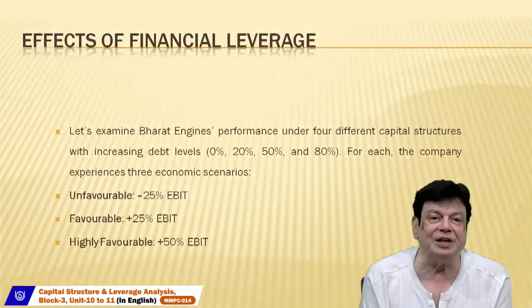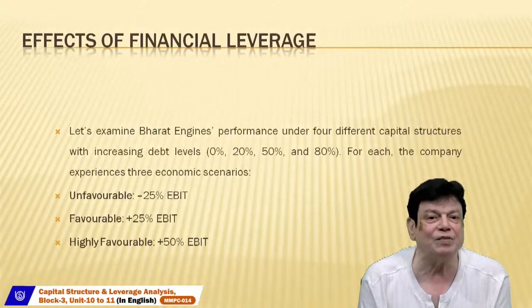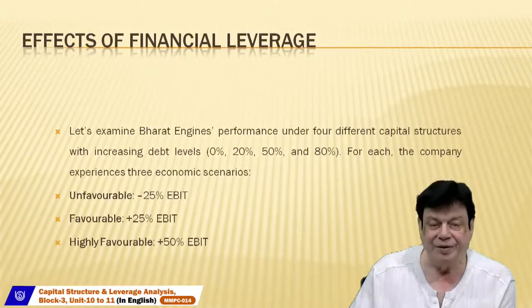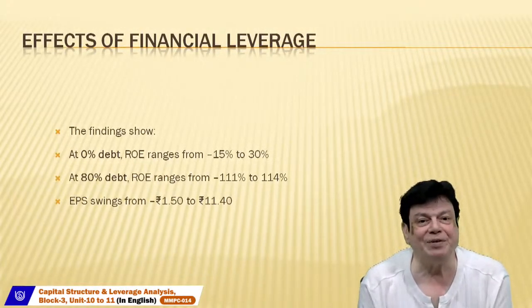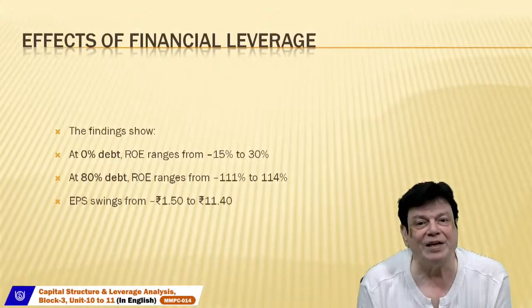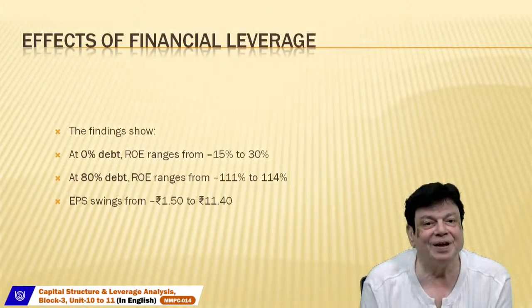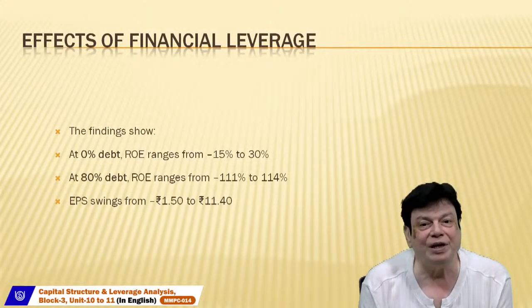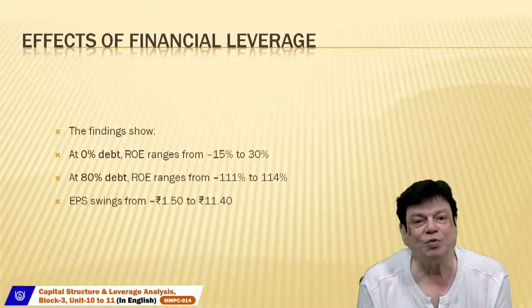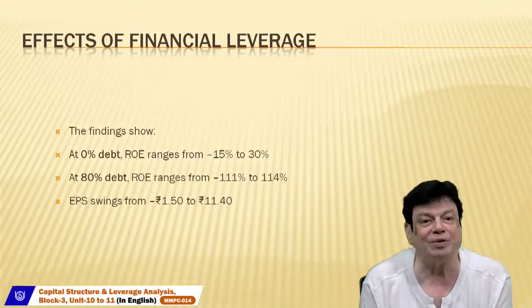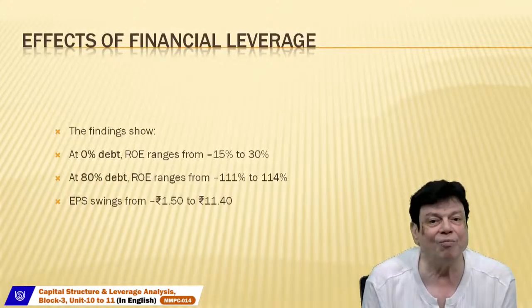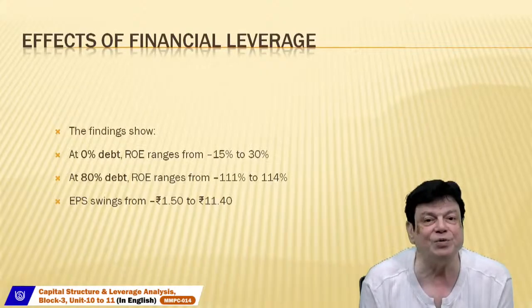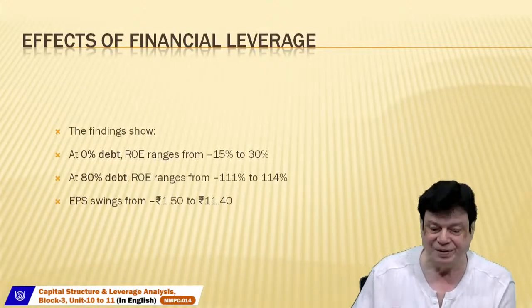So, it is unfavorable only if it is minus 25% EBIT. The findings show at 0% debt, ROE ranges from minus 15% to 30%. At 80% debt, ROE ranges from minus 111% to 114%. Earnings per share swings from minus rupees 1.50 to rupees 11.40.